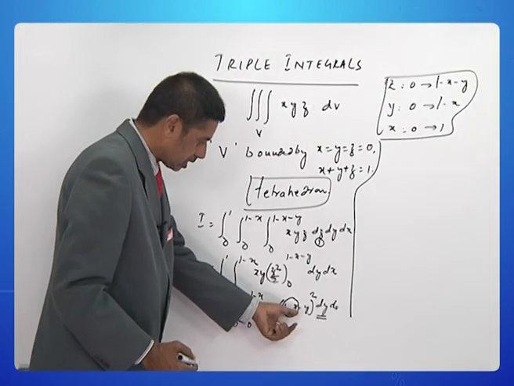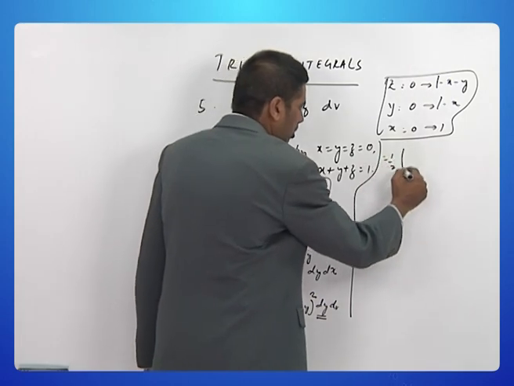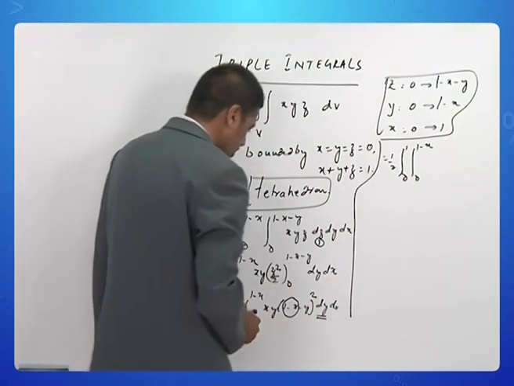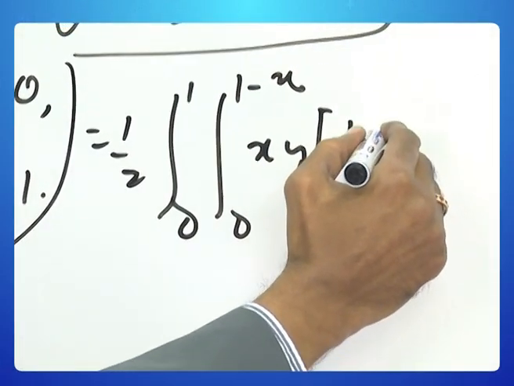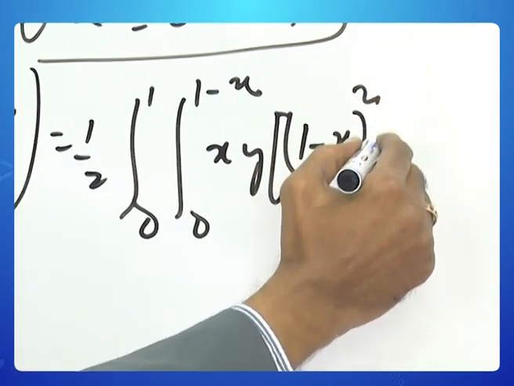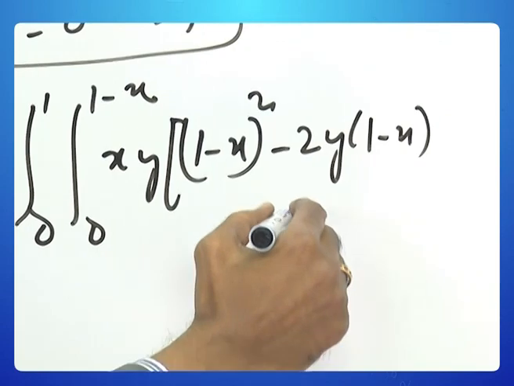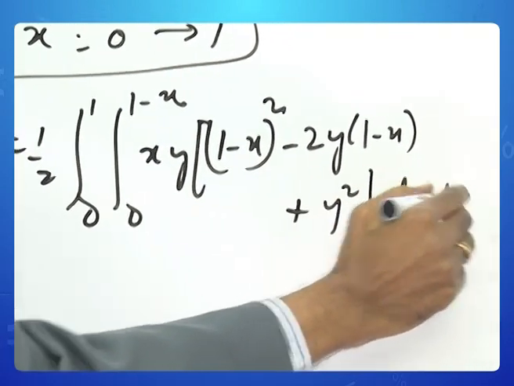So this is just an a minus b whole squared expansion. Half, 0 to 1, 0 to 1 minus x, xy into 1 minus x whole squared minus 2y into 1 minus x plus y squared dy dx.